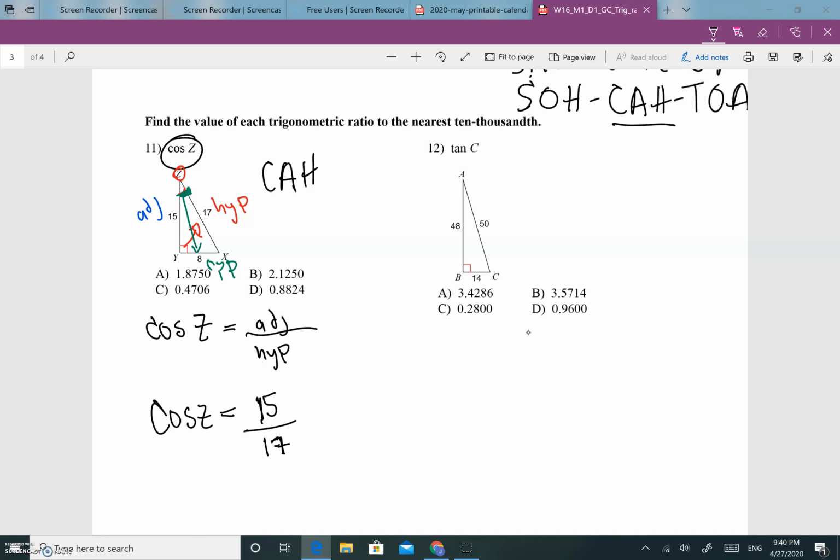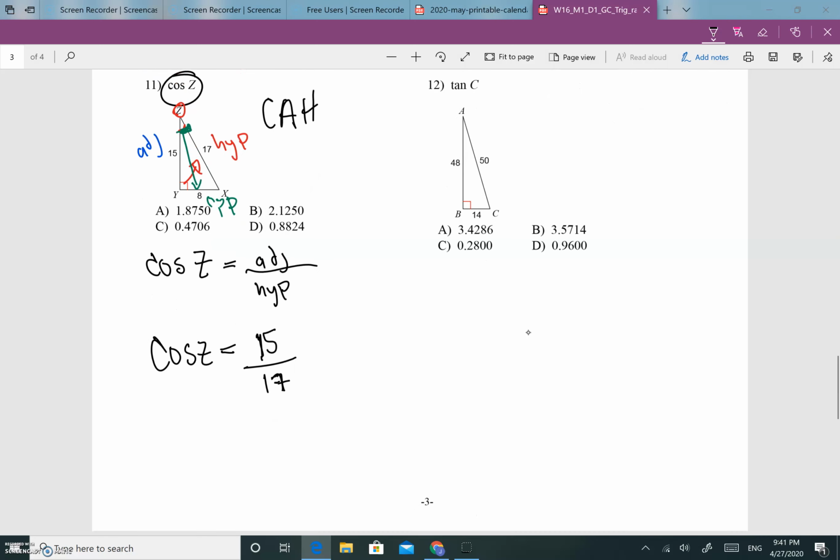Now, if you notice, I didn't put parentheses around the cosine, but you can actually do that. Tomorrow or the day after that, Wednesday, we're going to work with substituting something in for the variable. So instead of C, we're going to put a number, but you don't have to worry about that for now. The answer is not given as a fraction, so you have to figure out what 15 divided by 17 is.